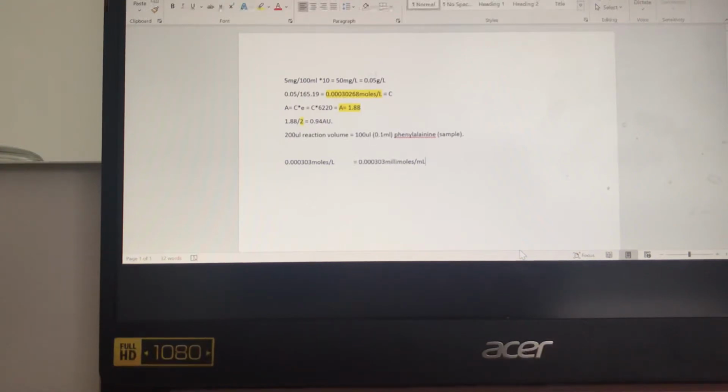And we've got effectively 0.1 milliliter. We're going to take 100 microliters or 0.1 milliliters. So we're going to have 0.0000303 millimoles per 100 microliters. That'll be a tenth of this one.